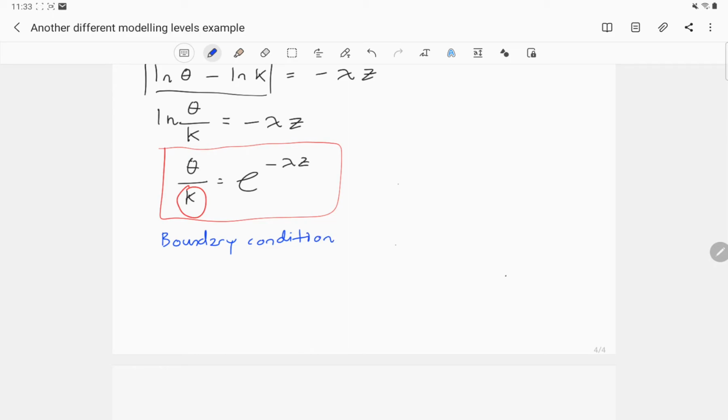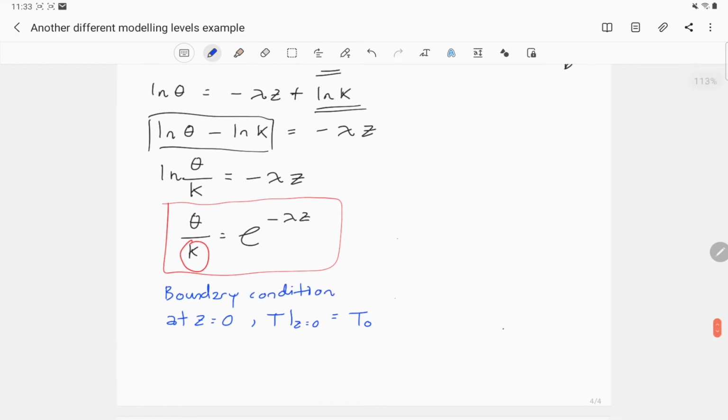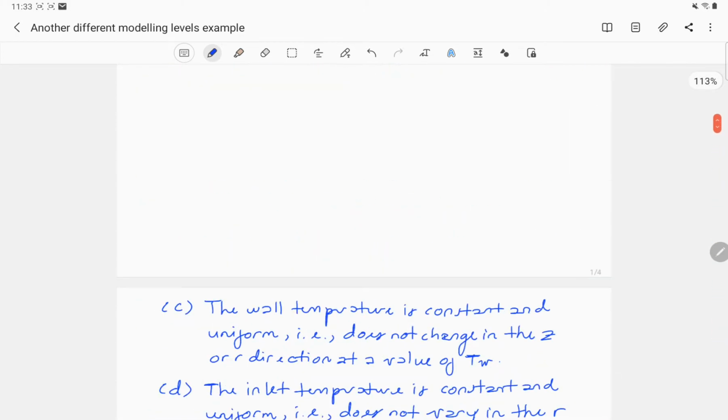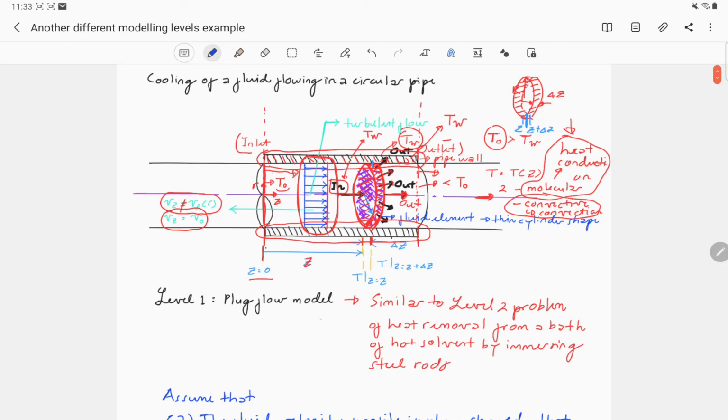Okay, in these boundary conditions, basically at z equals 0, the temperature at z equals 0 will be equal to T naught. So this goes back again into your figure in here. It's always important in transport phenomena that we understand the physical system, so that's why we always draw the figure and we connect it back again.